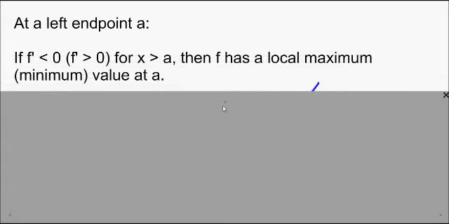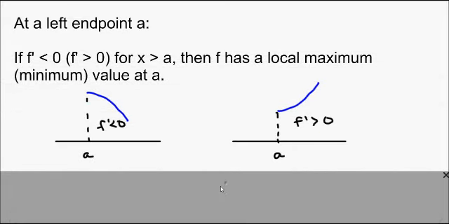At a left endpoint a, so this is talking about just one side, not at a point. If f prime is less than 0 for all x greater than a, then f has a local maximum at a. So that is this case here.